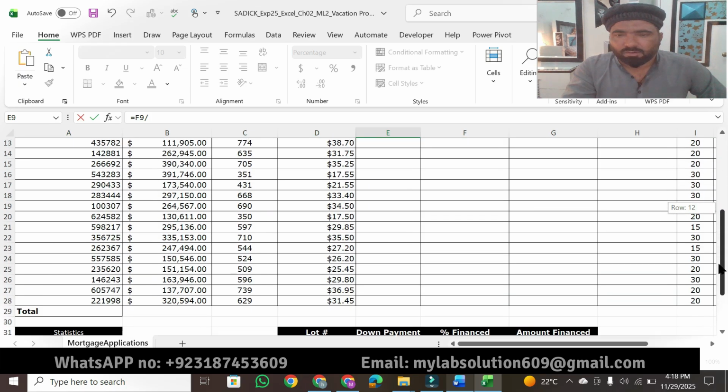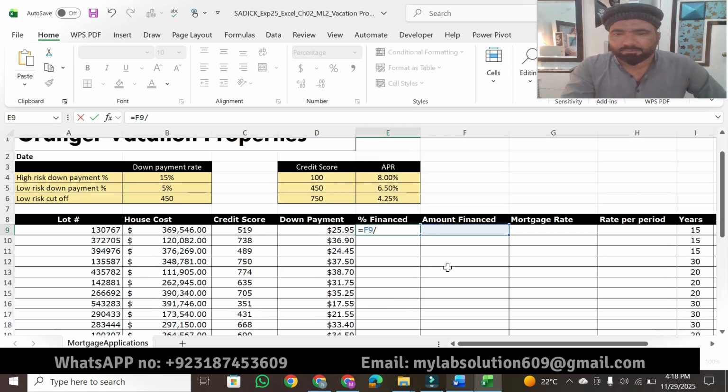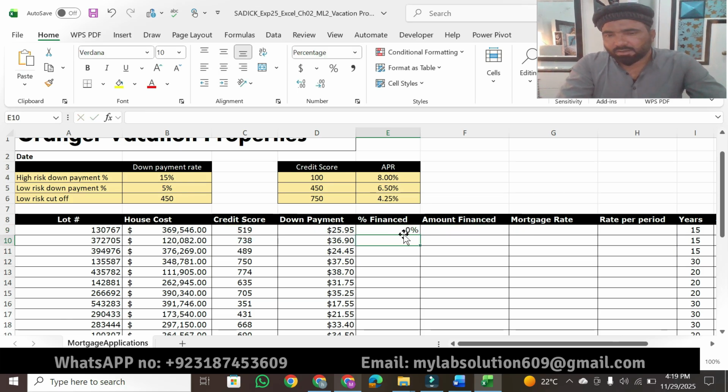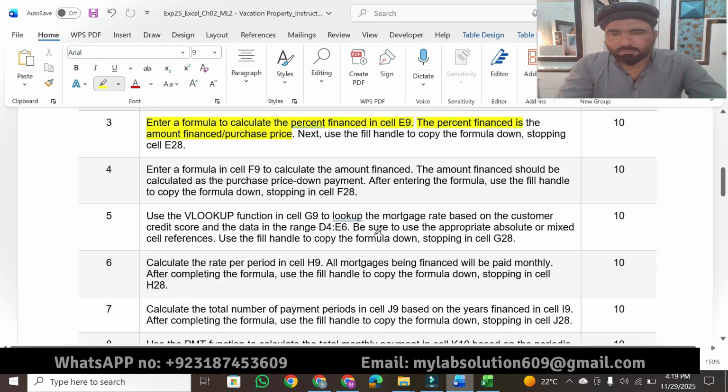We have to find the purchase price. Okay, purchase price means this one. Then simply divide. The answer is 0 because we haven't found the amount finance until now. Then use the fill handle to copy down, stopping at E28.